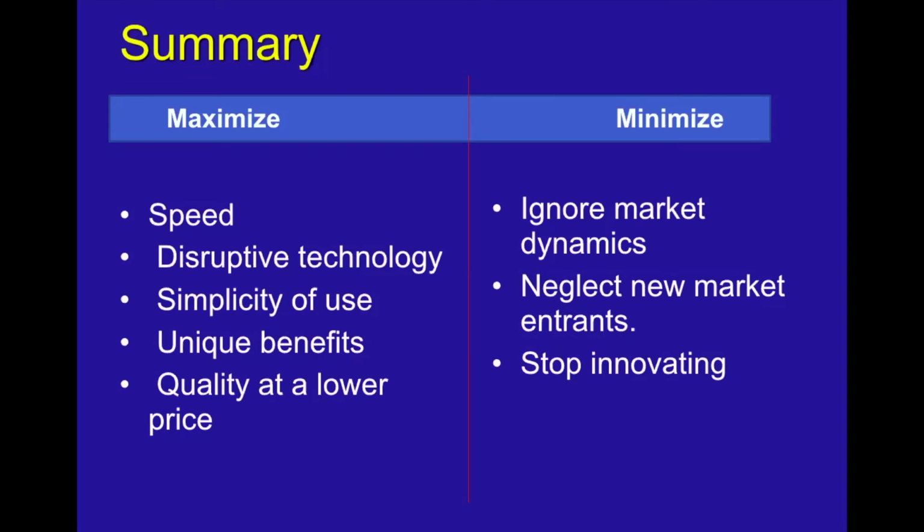On the other hand, if you're going to minimize value, you're going to do one of three things. Either you're going to ignore market dynamics, you can neglect new market entrants, or you can stop innovating. Any one of those, or a combination of all three, is nearly guaranteed to put your company into bankruptcy.